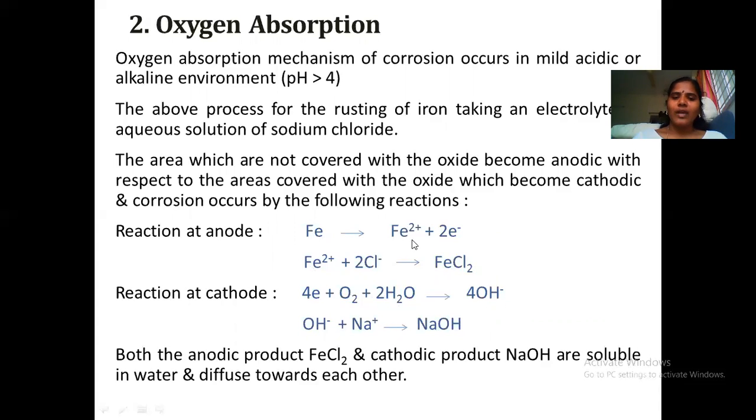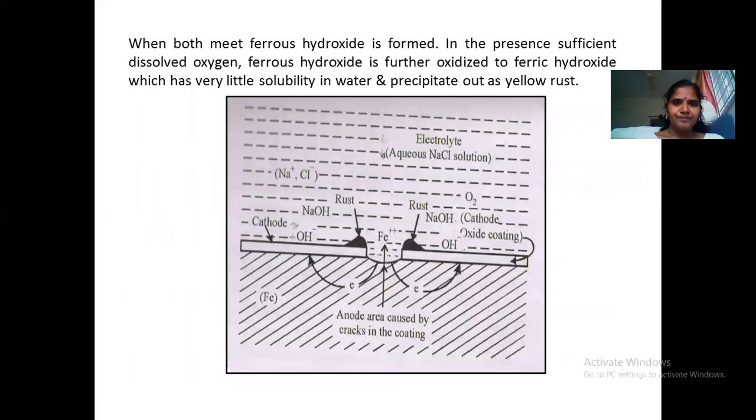This Fe+2 can further react with the counter ion, depending on the electrolyte we took, and converts into its respective salt form, and further it corrodes and produces the final rust. And in this reaction, Fe+2 and 2 electrons are produced. Comparing the acidic medium and the basic or alkaline medium, the corrosion of a metal is more rapid in the acidic medium only.